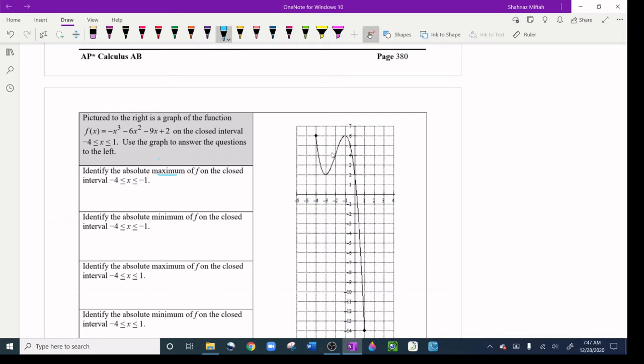I'm going to start at negative 4, it's a closed interval, and I'm going all the way to negative 1, right here. Both of them are closed endpoints, so I have to have a maximum and minimum. That's what the extreme value theorem says.